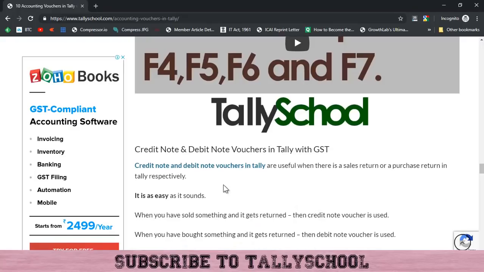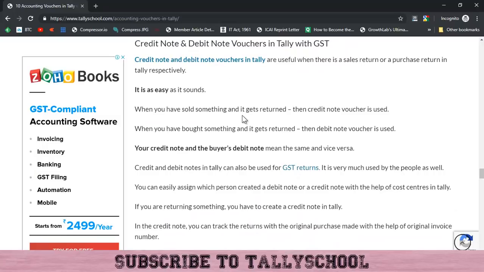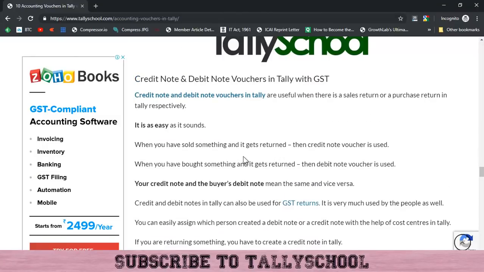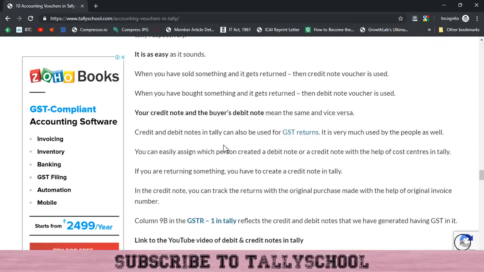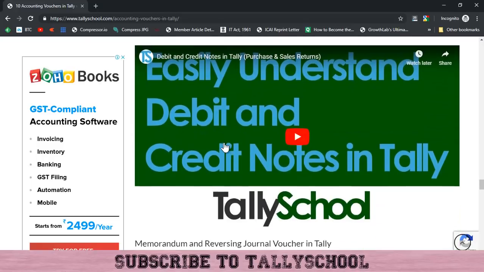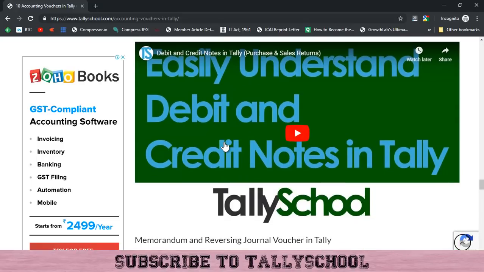You can come to this post and you will find a link here, and you can learn more about debit note and credit note with GST. Even in GST, if you return something or if something is returned to you, you have to create a credit note and debit note. So that's why credit notes and debit notes are important.